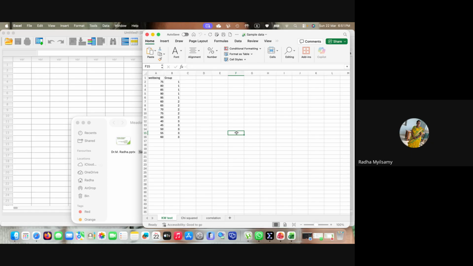Here I have only 5 values for each of the three groups, not 10 values, so the results may vary from that PPT to this result. There are three groups and the physical well-being of the three groups is denoted here. So I am simply copying this data.